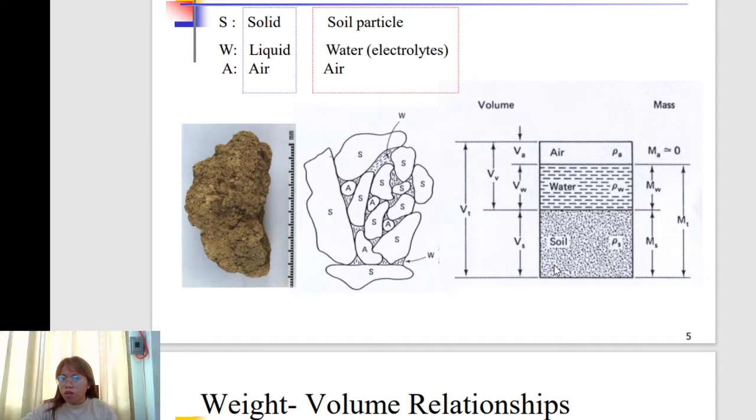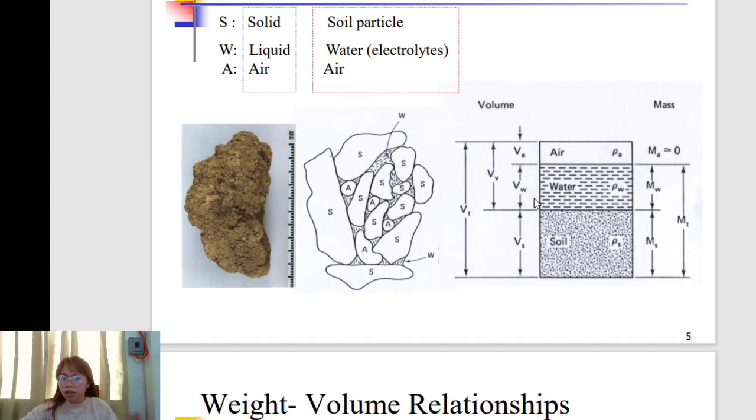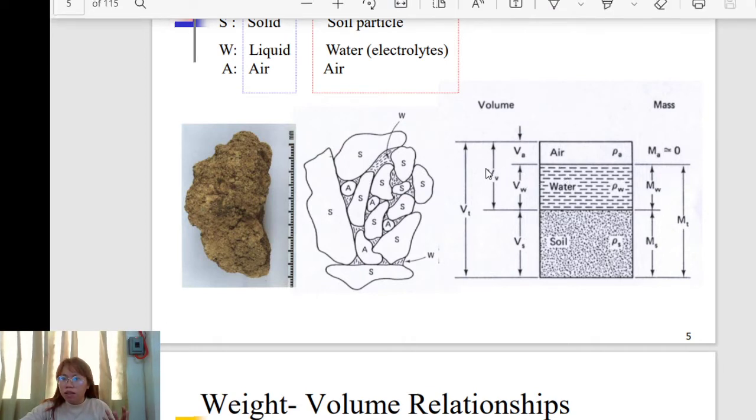So we denote the V sub S as the volume of soil, the V sub W as the volume of the water, and the V sub A as the volume of the air. If you try to notice, there is this V sub V. This is actually the volume of the voids. The voids are composed of the volume of the water and the air.